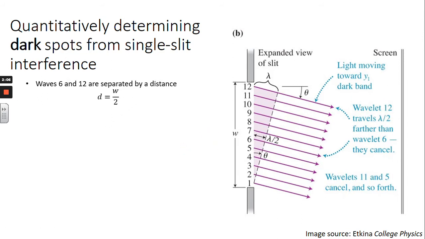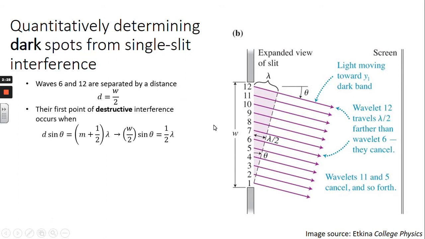Waves 6 and 12 are separated by a distance that's equal to half the width of the slit. So the distance that separates them is the width W of the slit over 2.